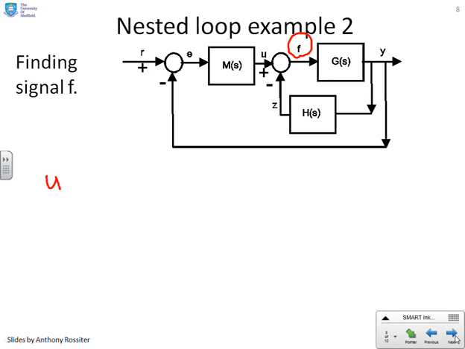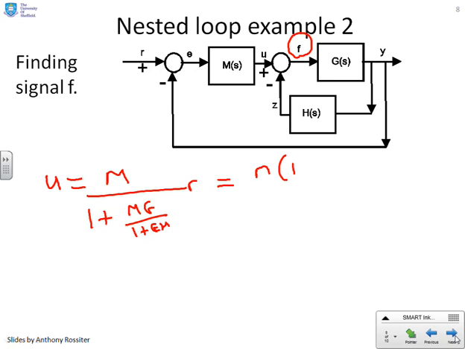So I know that u equals m over, and I'm going to have to remember this from the previous slide, 1 plus m into g over 1 plus gh, into r, which gives me m into 1 plus gh over 1 plus gh plus mg, into r. So I've identified the signal u.